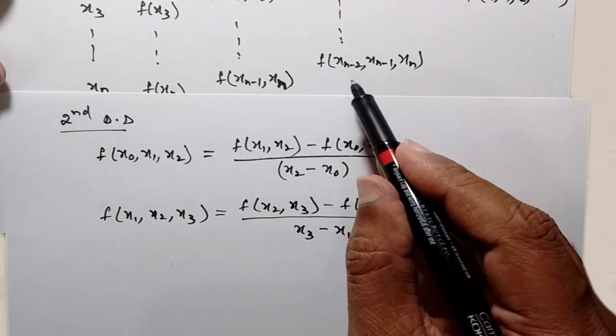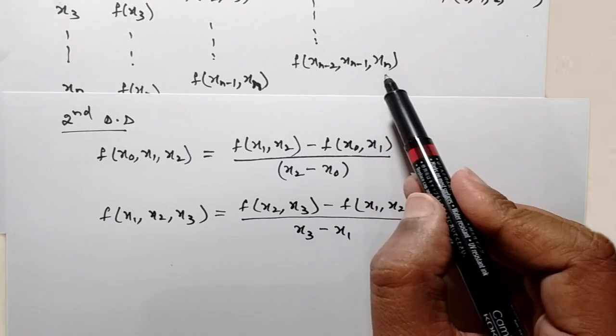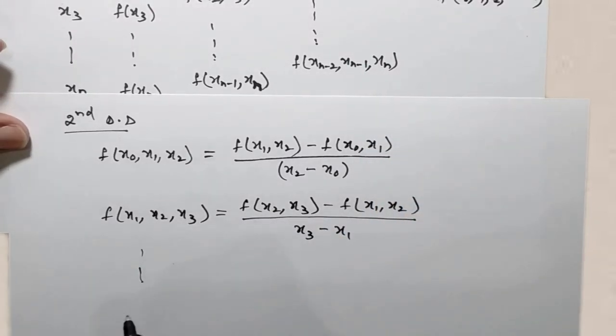If you want to find this final value over here, f of xn minus 2, xn minus 1 and xn, you can just go on writing in that way.